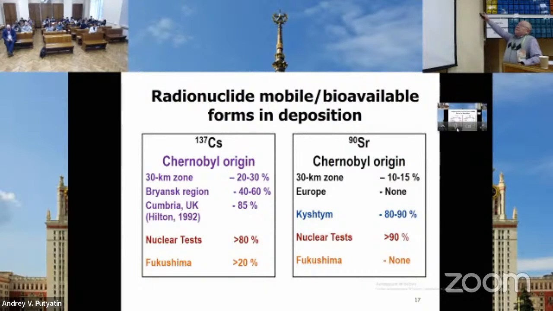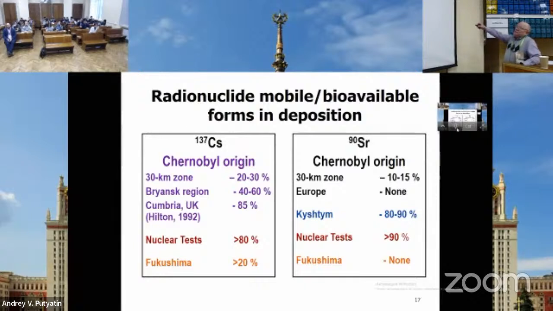If we are talking about strontium in the 30 kilometer zone, only 10 to 15% of strontium was in mobile bioavailable forms. In Europe, there was no strontium at all, because strontium was connected with fuel particles, and fuel particles are heavy and relatively large in size. They were deposited in the close vicinity of the Chernobyl nuclear power plant.